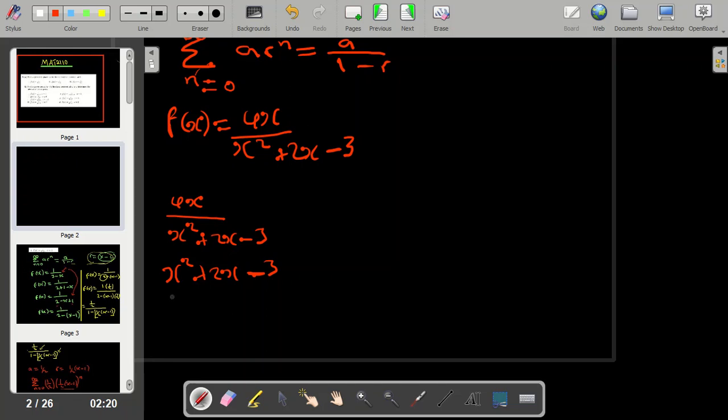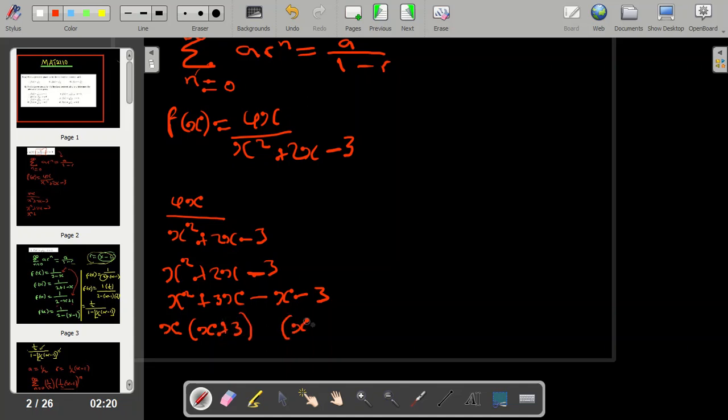So we are going to have x squared plus 3x minus x minus 3, so that when you factorize here we have x open bracket x plus 3, and this side we have x plus 3 with a negative 1.